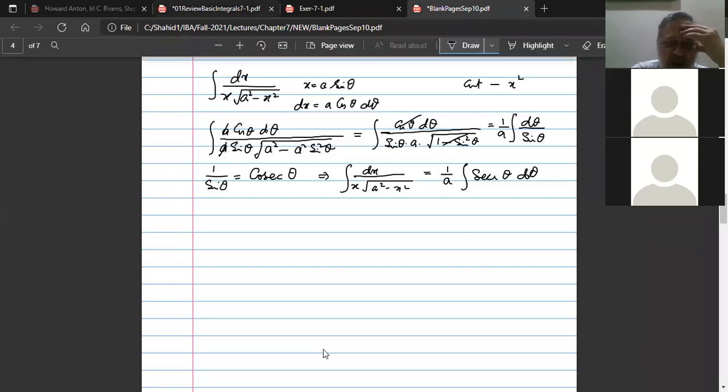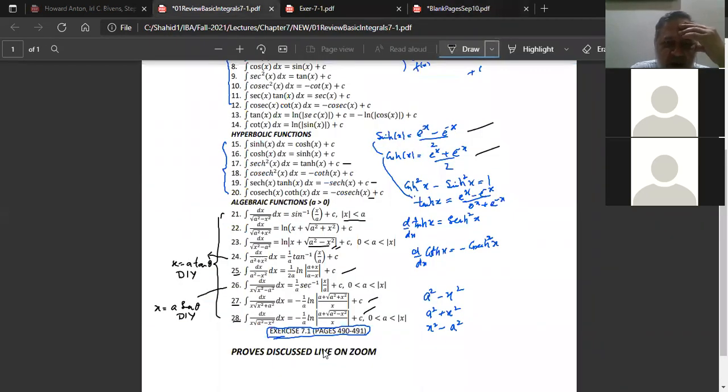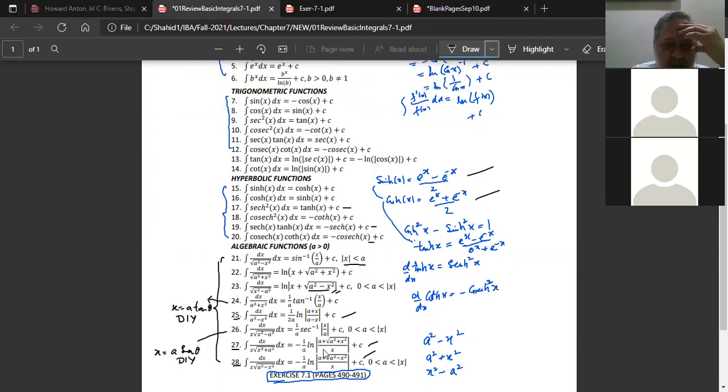Although we have a list, where is cosecant? Is there any cosecant? No, because cosecant is not the derivative of anything, so we don't have anything for cosecant.